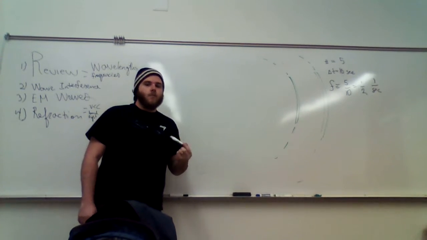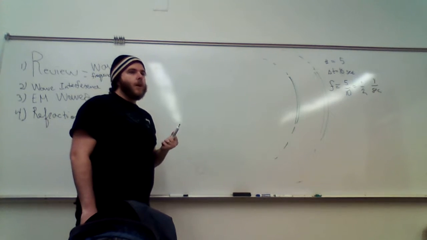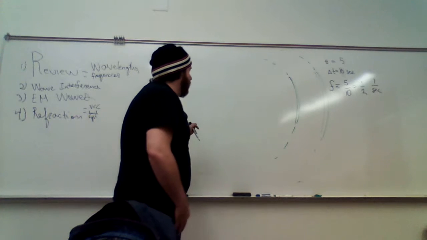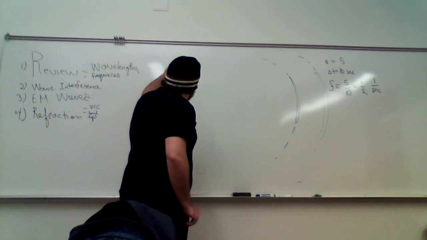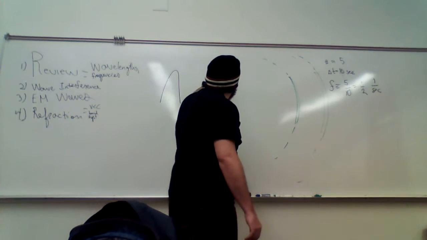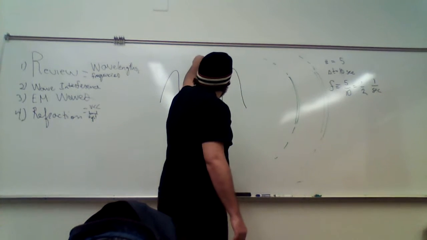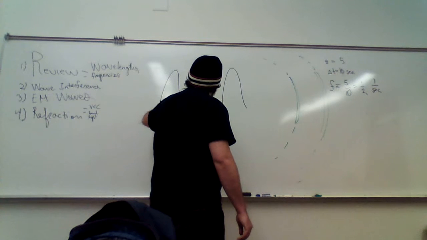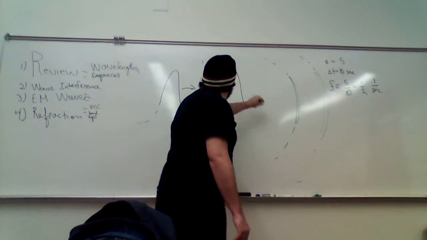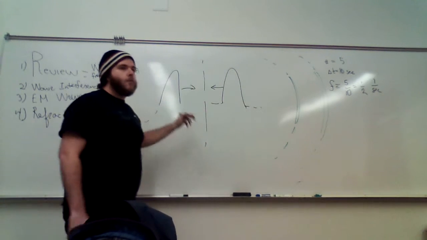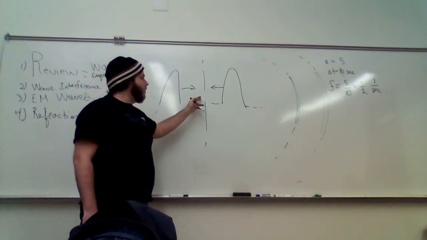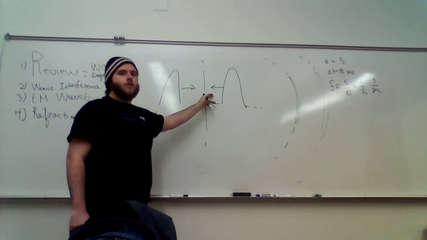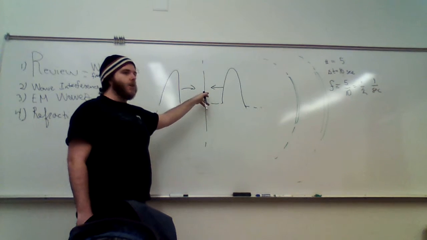Okay, so next up, we want to define something called interference of waves. Let's say we have one wave traveling to the right, and one wave traveling to the left, and they meet here.